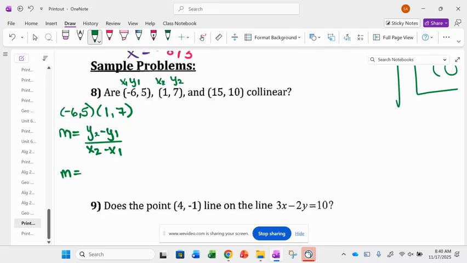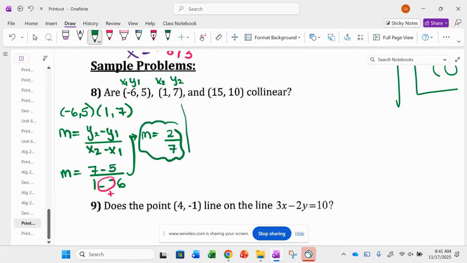So I'm going to have 7 minus 5 over 1 minus, it's not going to be 1 minus 6. It's 1 minus what? -6. 1 minus a -6. And this double negative makes a positive. So we end up with this slope being 7 minus 5 is 2, and 1 plus 6 is 7. So my first slope is 2 over 7.